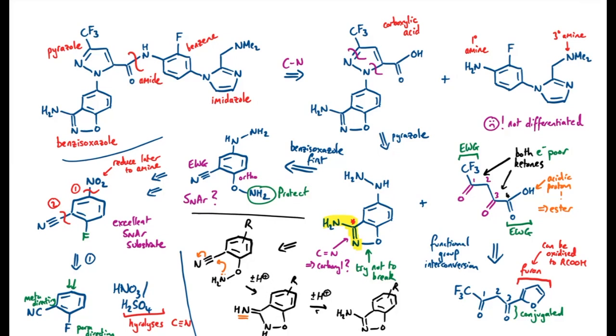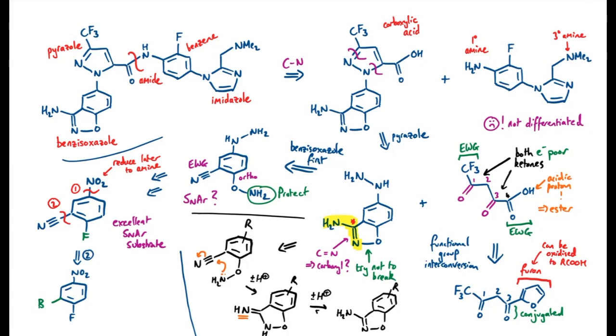But we could just have a quick look at the alternative disconnection 2. There are options here. We could put a bromide or an iodide in this position, because using some copper chemistry, we can probably go backwards using copper cyanide here. That's just via the organometallic.